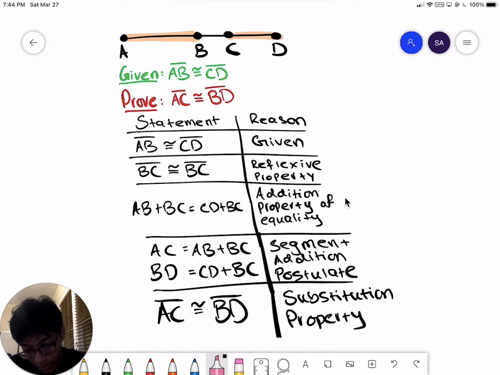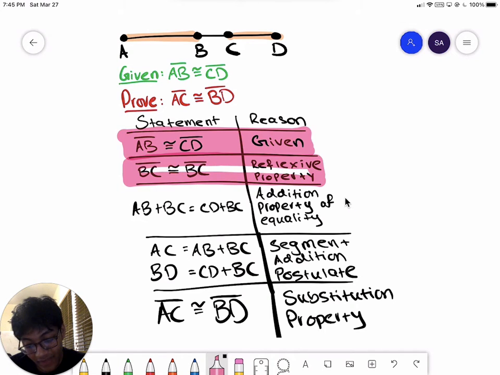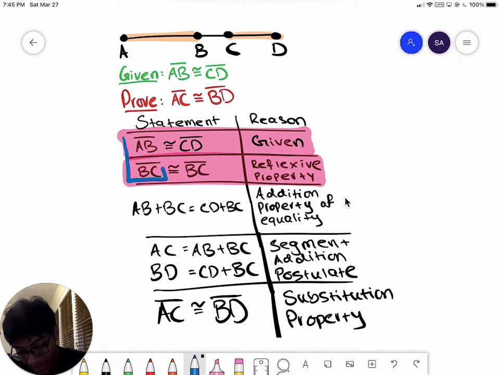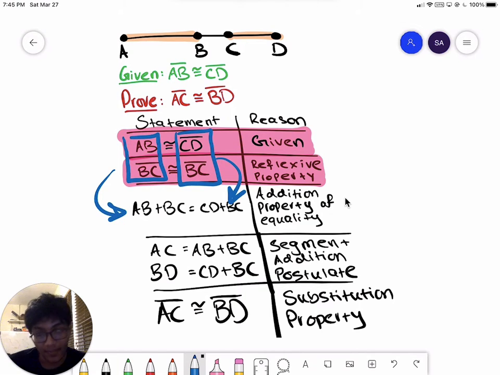So first thing we're given is AB is congruent to CD. That's a given. That's how we know that statement is true. Next up, we say that line segment BC is congruent to itself via the reflexive property. Next up, we go ahead and add these up, right? AB plus BC is AB plus BC. CD plus BC is CD plus BC via the addition property of equality.